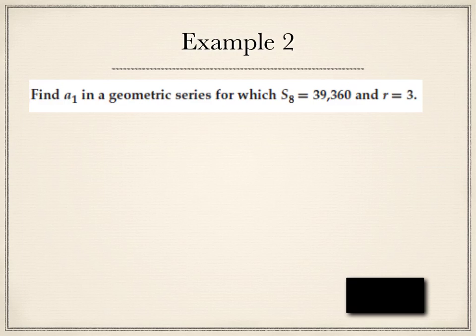Okay, so here's another problem. This time we're given an S and we're looking for an a sub 1. So our formula is still going to be this, a sub 1 times 1 minus r to the n, all over 1 minus r, but this time we're just looking for a sub 1.